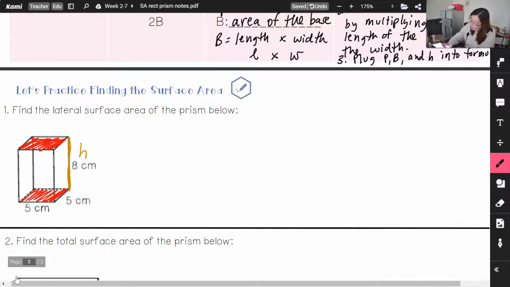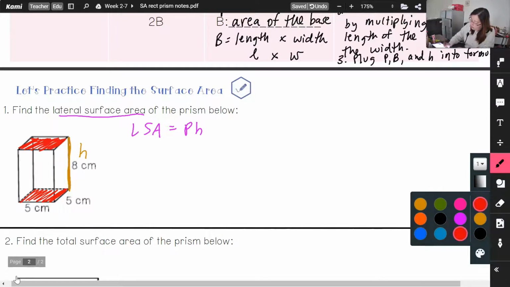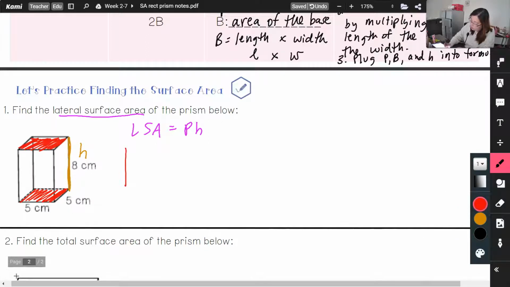Our problem is lateral surface area, so LSA equals PH, perimeter times height. A strategy we can use to make this a little bit easier is to redraw the base. Here's our base, here's 5 and 5.